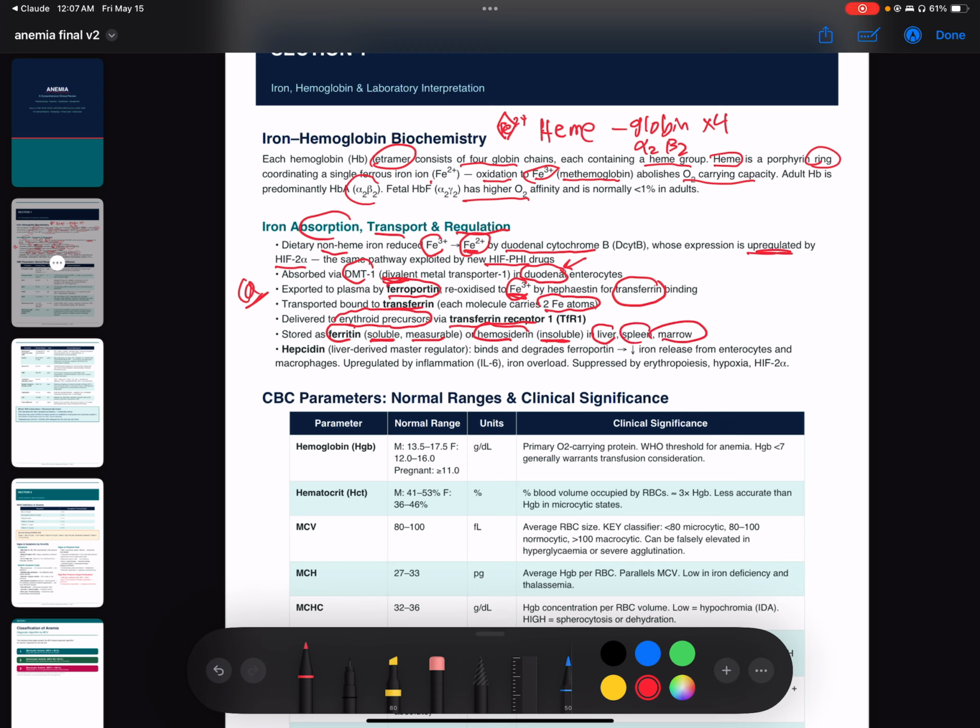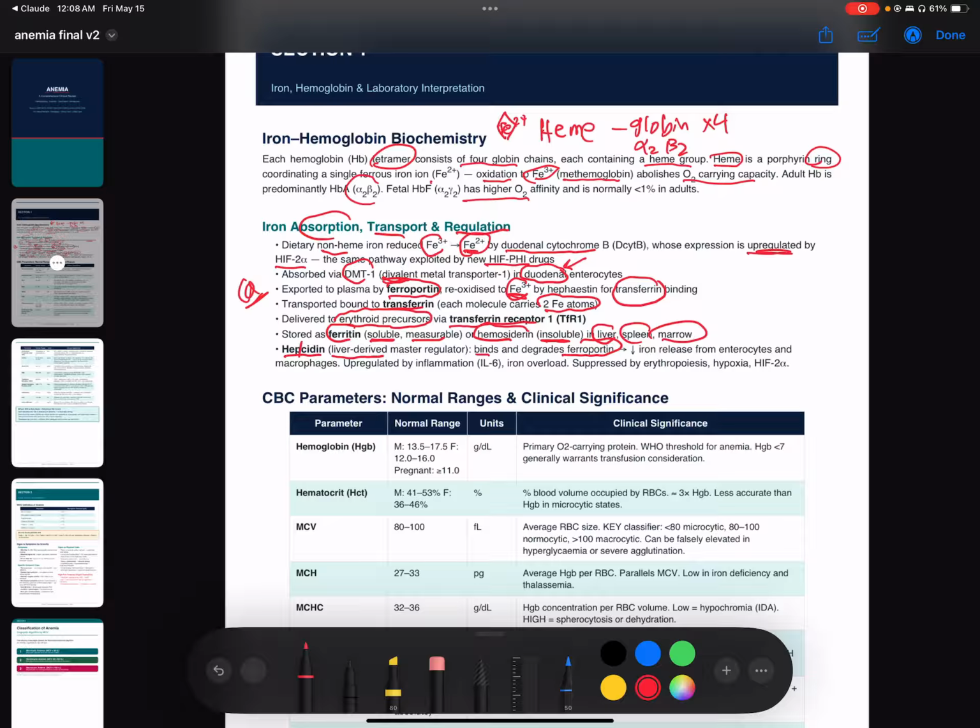And we have a regulator of iron transport and absorption, which is hepcidin. Hep comes from the liver, so it's mainly liver derived. And it does different things. First, it can bind and degrade ferroportin. What stimulates and what inhibits this is usually the iron content.